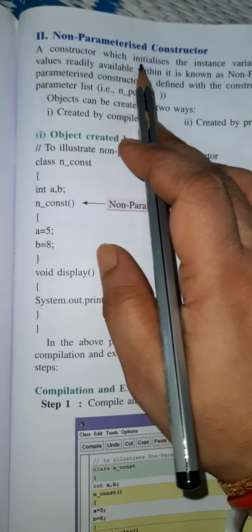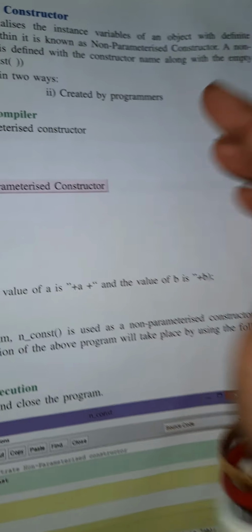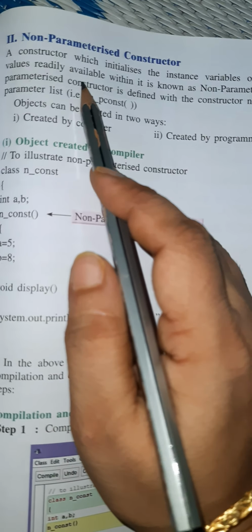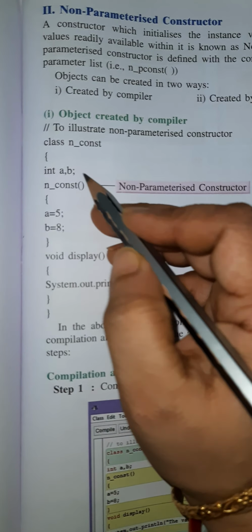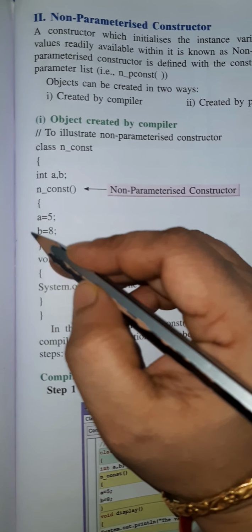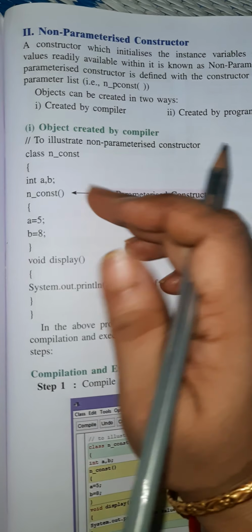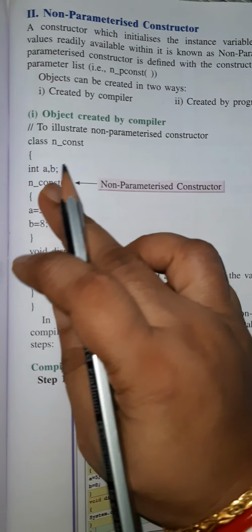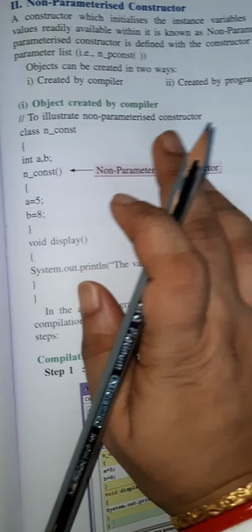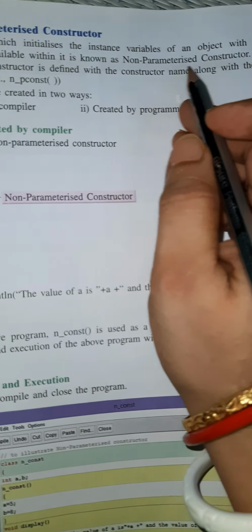A constructor which initializes the instance variable of an object with definite values readily available within it is known as non-parameterized. We keep a constructor inside it if needed. If we are not giving any value to variables a and b, then the non-parameterized constructor will execute automatically instead of going to the default.